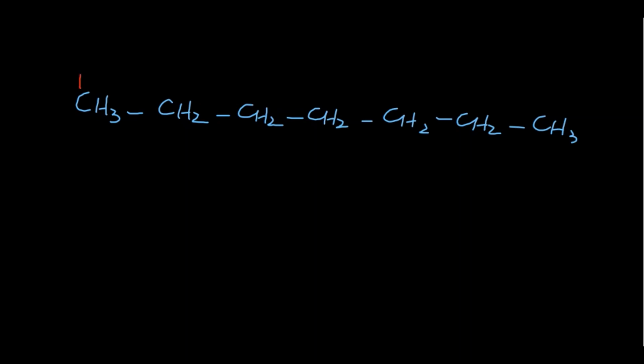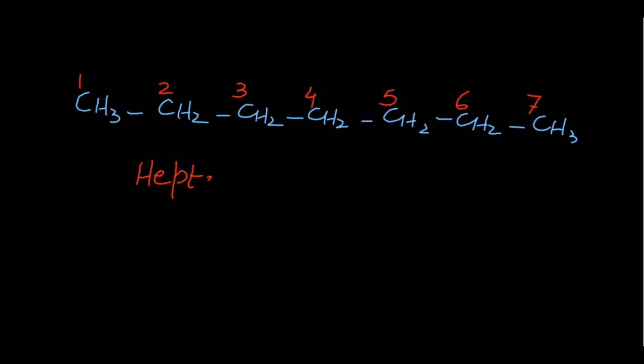Now we will do the numbering of this molecule, so that we can see how many carbon atoms are present in the stem. 1, 2, 3, 4, 5, 6, 7. There are 7 carbon atoms. So its stem is hept. Hepta means 7. Hept shows there are 7 carbon atoms.